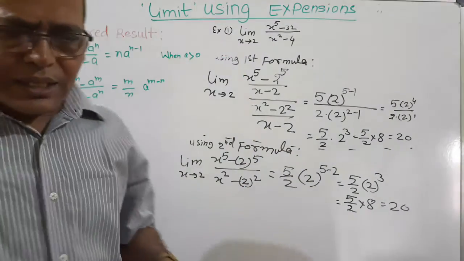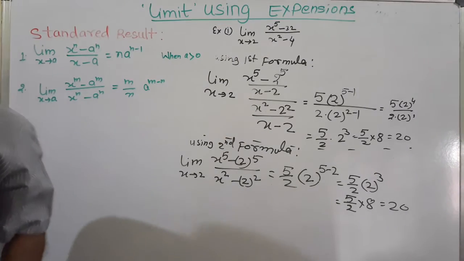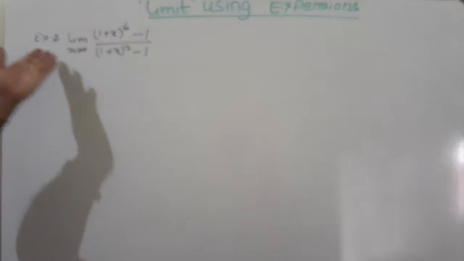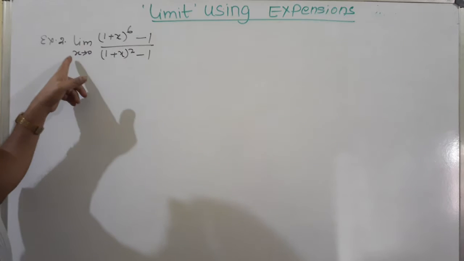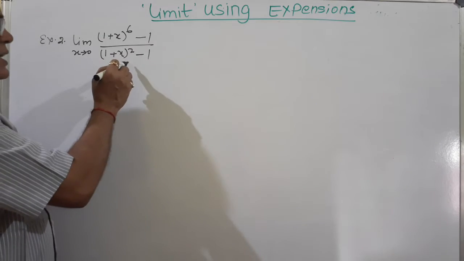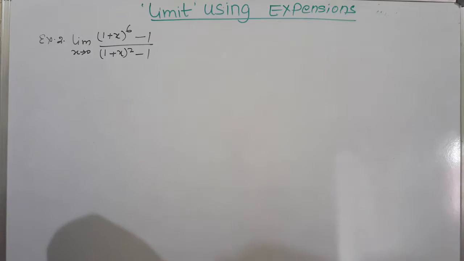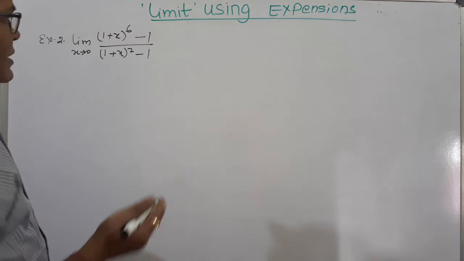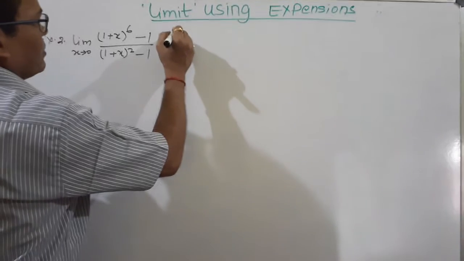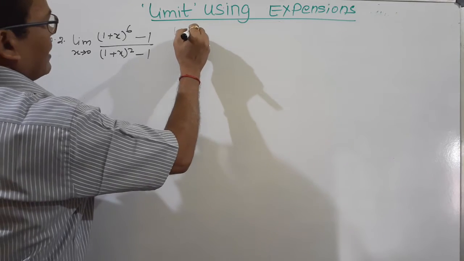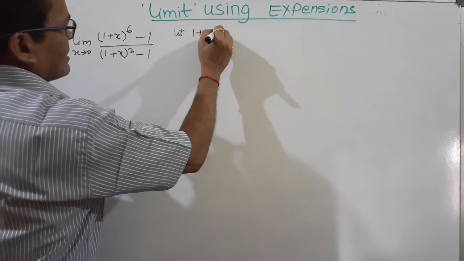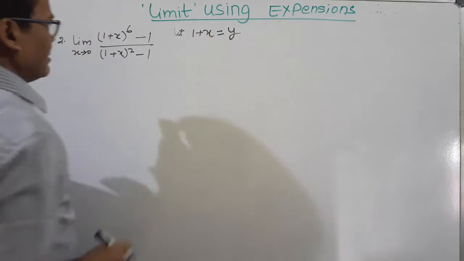Now I'll give you another example. Limit x tends to 0, (1 plus x) to the power 6 minus 1 divided by (1 plus x) to the power 2 minus 1. Here, for our convenience, let 1 plus x be equal to y.